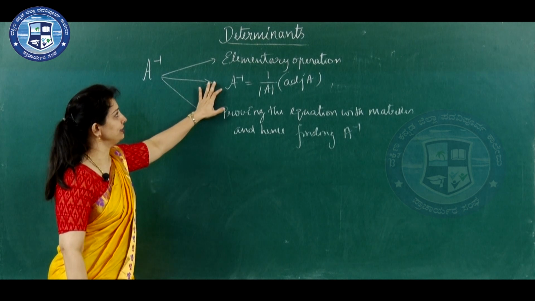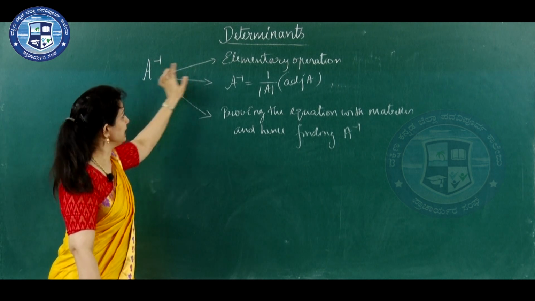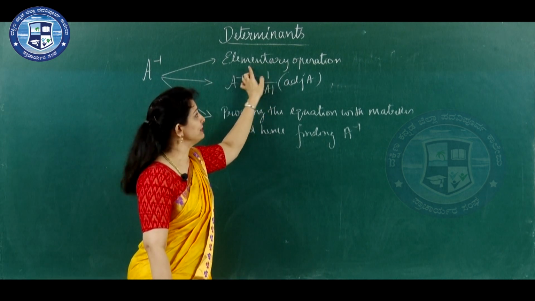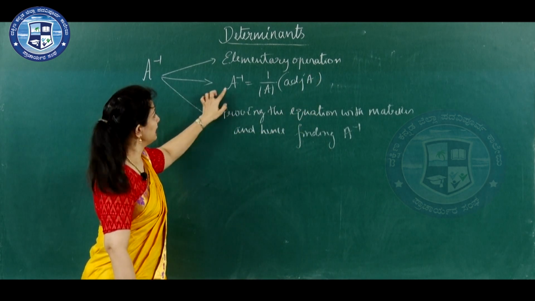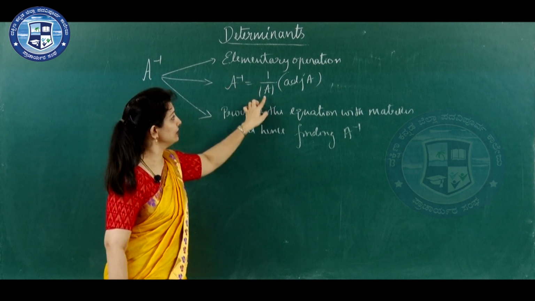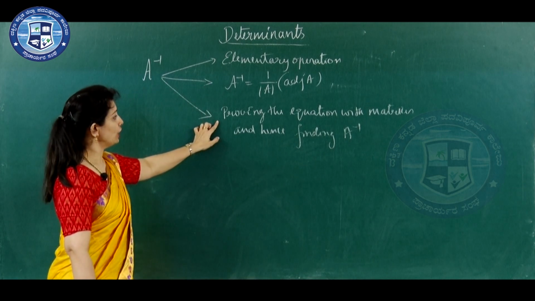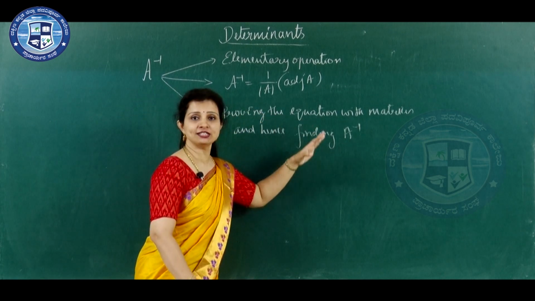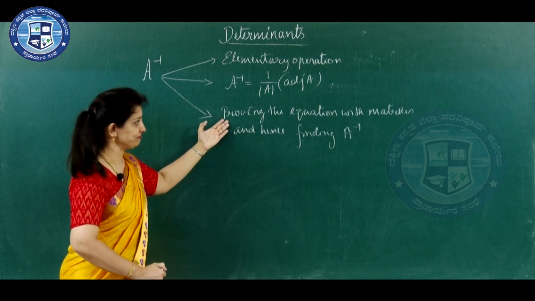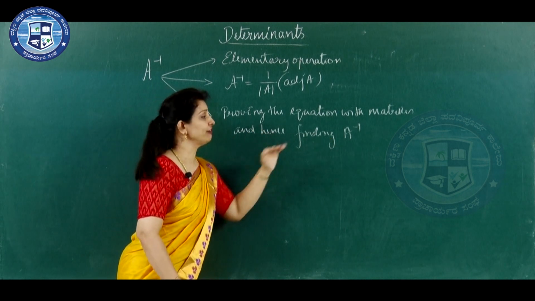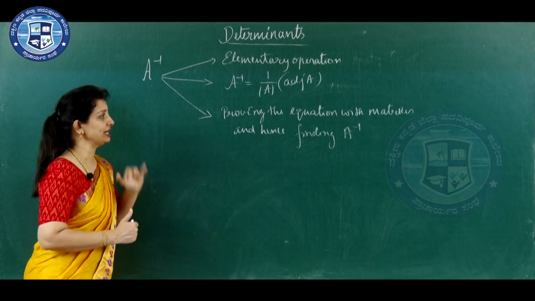So, there are three methods to find the inverse of a square matrix A: elementary operations or elementary transformations that you have learnt in the previous chapter, matrices; the formula A inverse is equal to 1 by determinant A into adjoint A; or proving the given equation with matrices. One equation is given which has matrices in it. So, prove that first, and then from that equation find the value of A inverse. We will see how to do the third one.